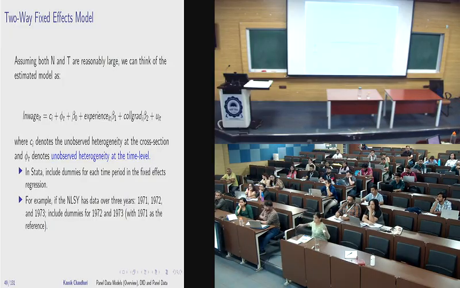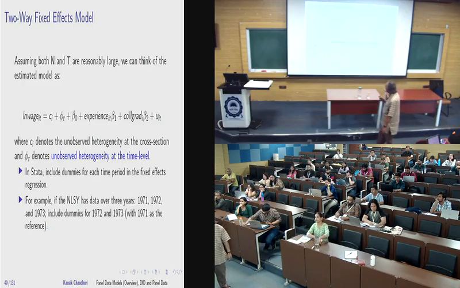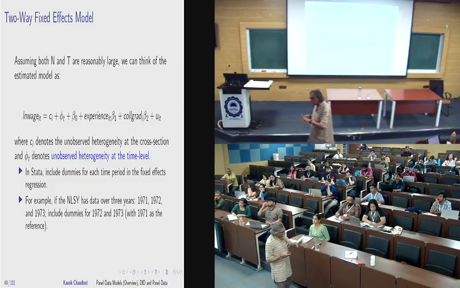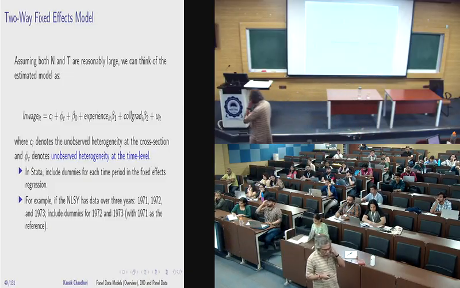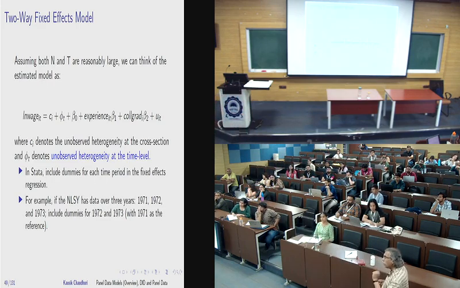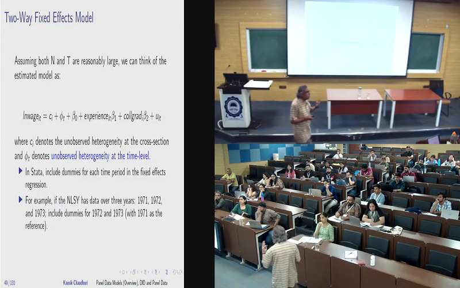So I can simply include dummies for each one of the time periods, and then run a fixed effect regression. I introduce a dummy for each year of the observation. For example, if I have data for 3 time periods, I am going to include 2 dummies because one would act as the base category.